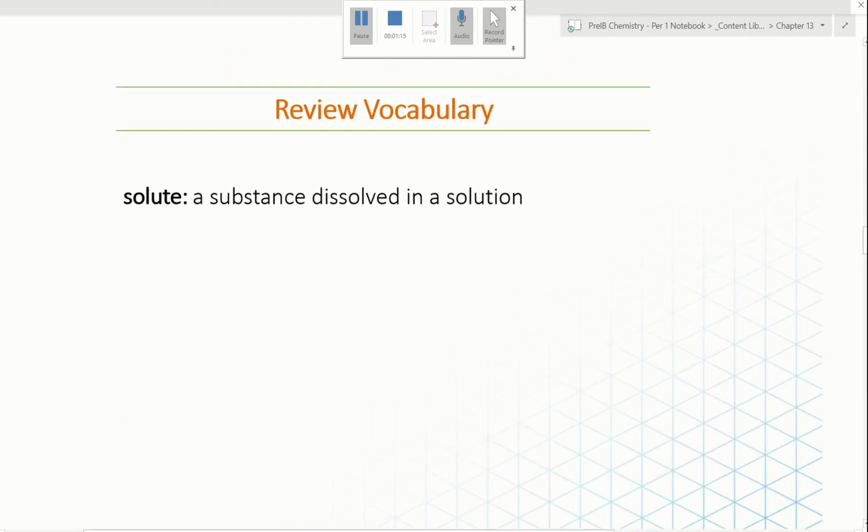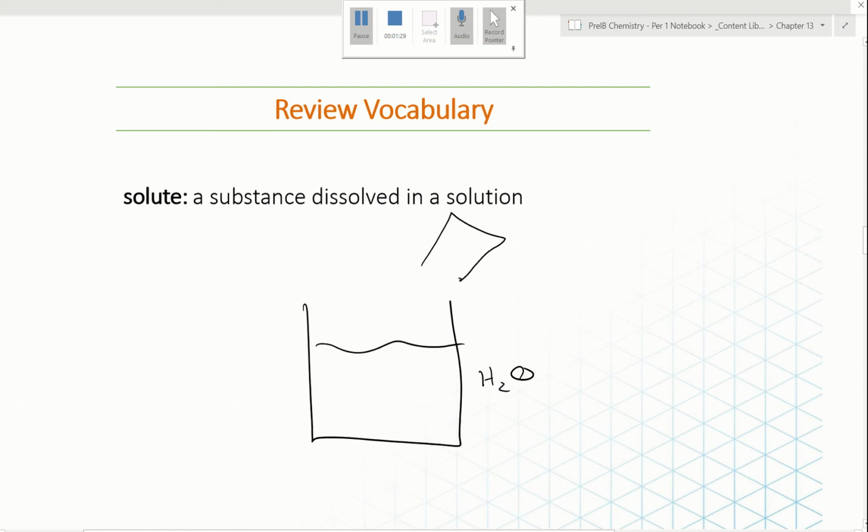Just some review vocabulary. The solute is a substance that dissolves in the solution. So if I had a beaker of water in here, and I were to put a shaker of salt, a good shaker of salt, and I have this salt going into the water, it's going to produce what we call salt water.